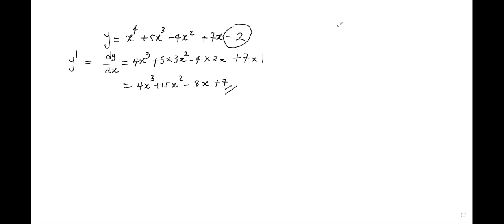So the question is: y equals 2x raised to the power 5 plus 4x raised to the power 4 minus x raised to the power 3, then plus 3x squared minus 5x, then plus 7.